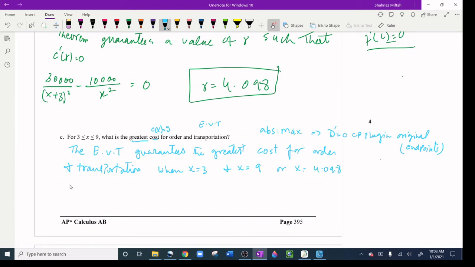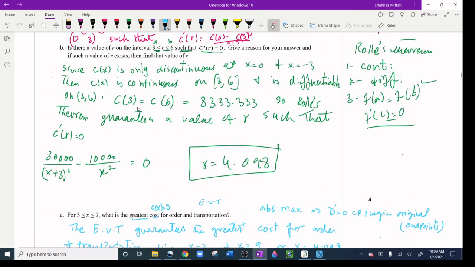So let's plug in all of them in the original. I'm going to plug in 3 in the original, and we already plugged in 3 in the original right there.